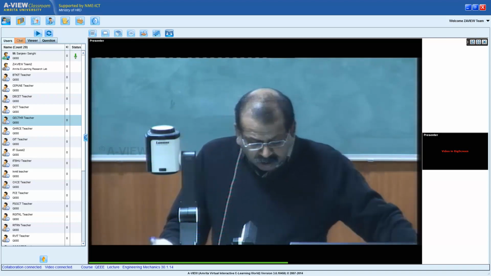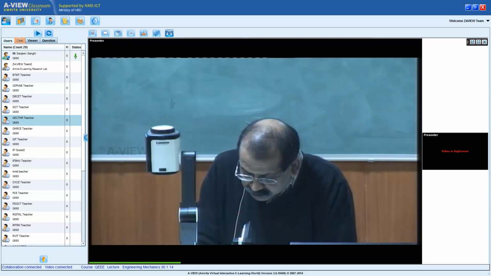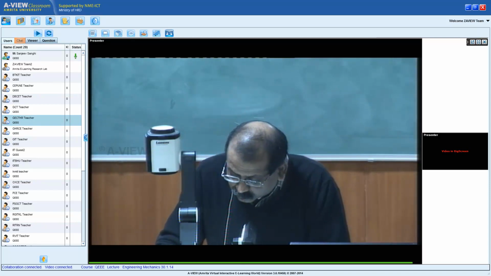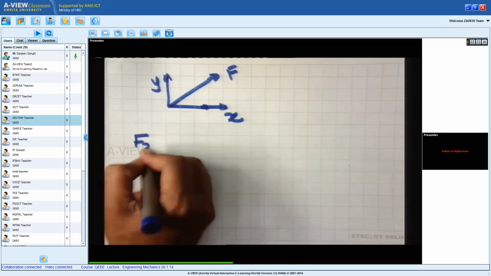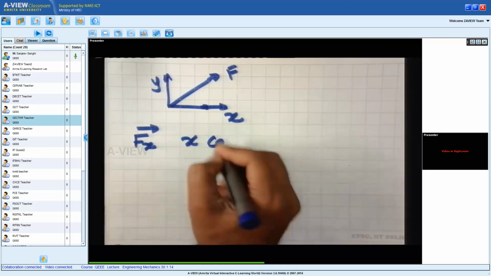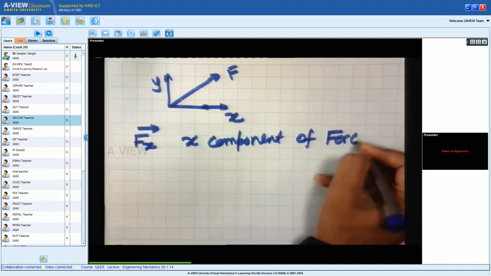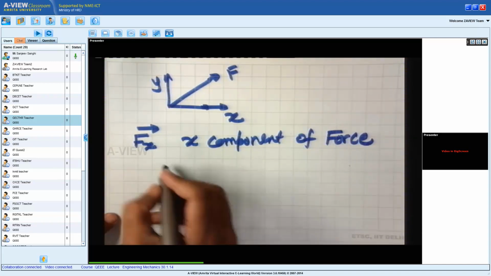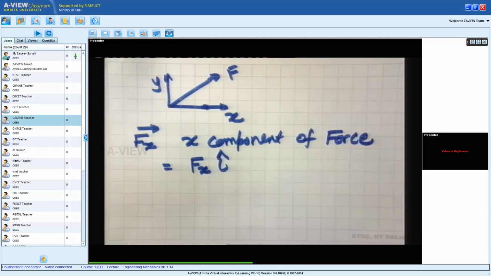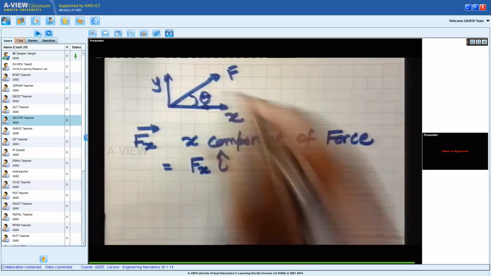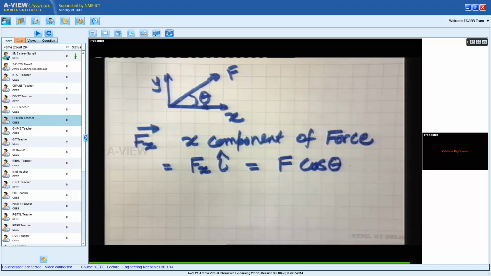Now, this is the x direction, this is the y direction, and I have a force F. Now I talk of the x component of the force, and this I will write as scalar Fx times i, and if this angle is theta, this will be given by the magnitude of F times cosine theta.